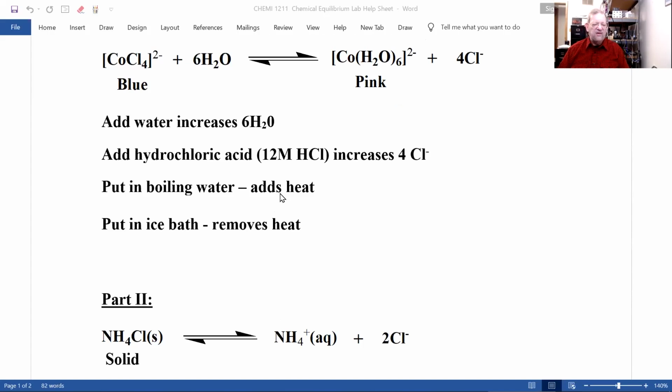When I put it in boiling water, since you add heat to get rid of that, the equilibrium will shift to the side, the color, without heat. When I put it in an ice bath, you're removing heat and it wants to make more heat. So when you put it in an ice bath, the equilibrium will shift to the side, the color or clear or solid, that has the heat. Ice bath shifts it to the side with the heat, boiling water without.